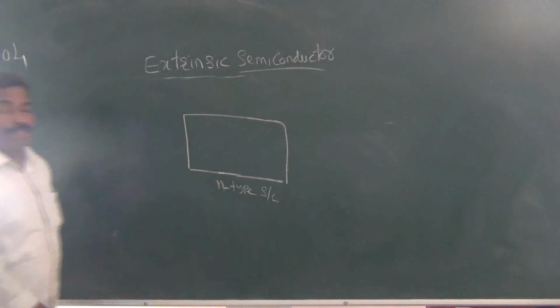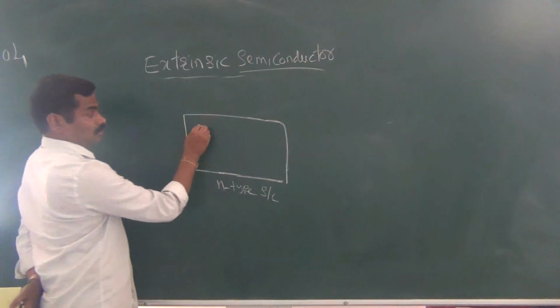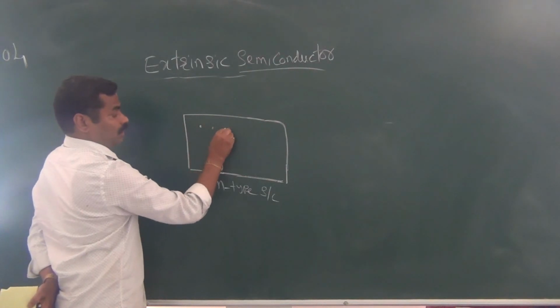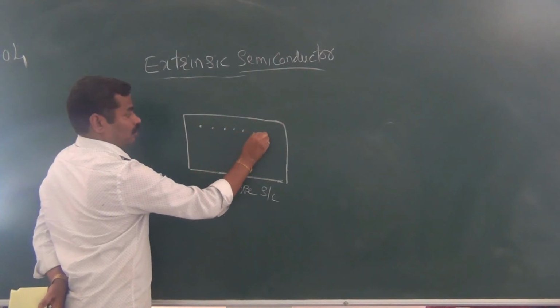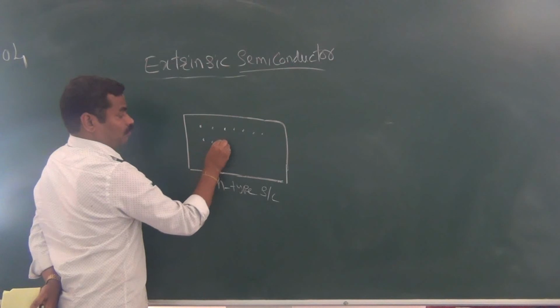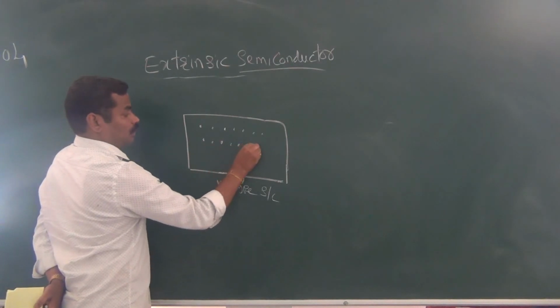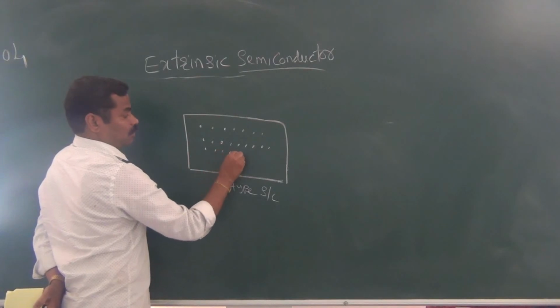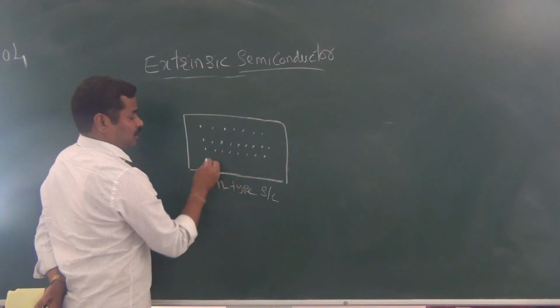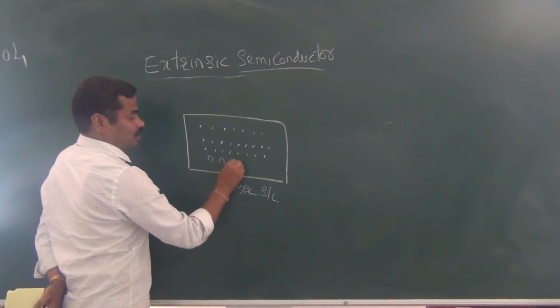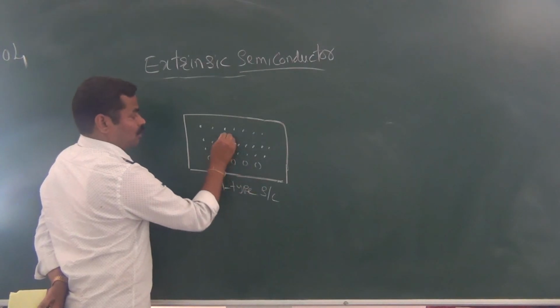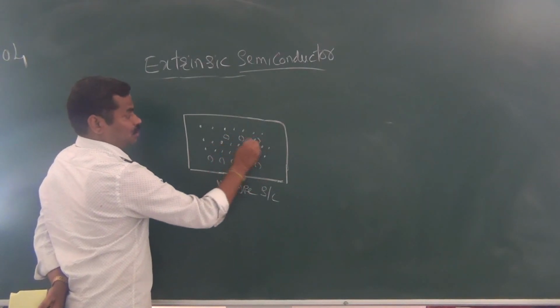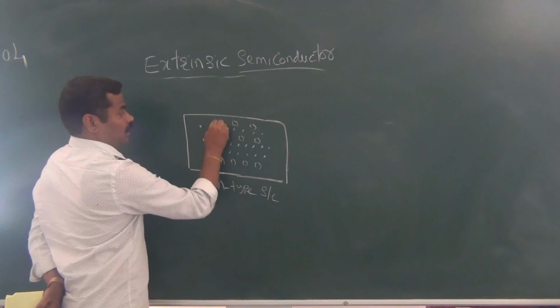In this n-type semiconductor, no doubt, the electrons are more. Why are electrons more? Because whenever we add a pentavalent impurity, it generates a larger number of electrons. It means the electrons are the majority carriers. Keep it in mind, the electrons are majority carriers, but the holes are minority carriers. No doubt you get holes, but those holes are because of the temperature, not because of the added impurity.